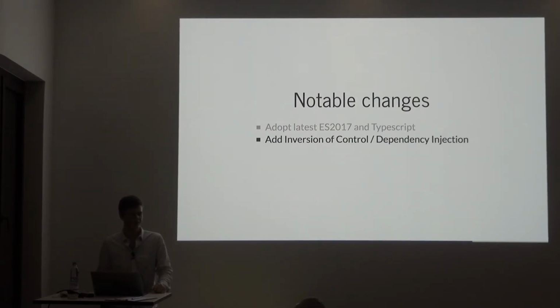They also added their own inversion of control mechanism to allow dependency injection. I know some people say that's a little bit of a big gun to, for example, solve the testing problem, and JavaScript allows you to just mock objects on the go.